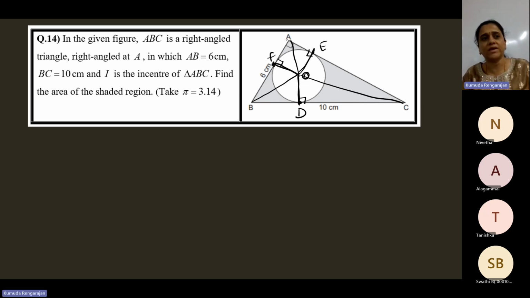So we have divided the whole triangle into three smaller triangles.